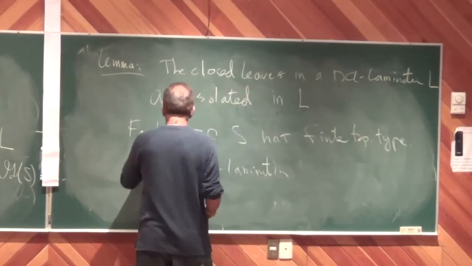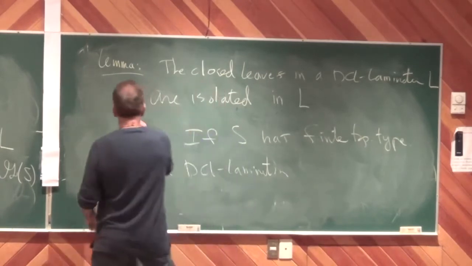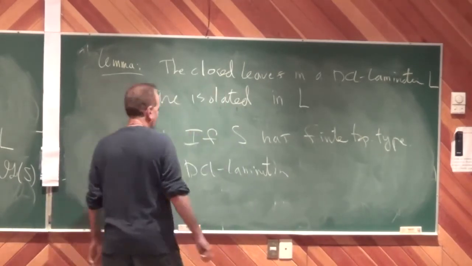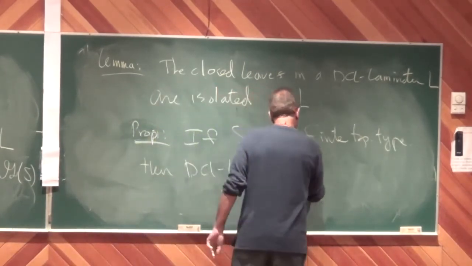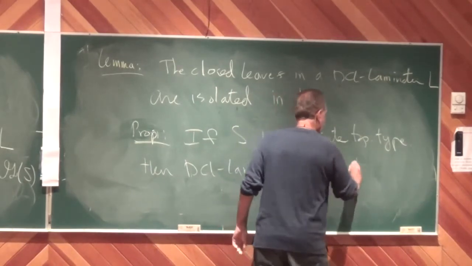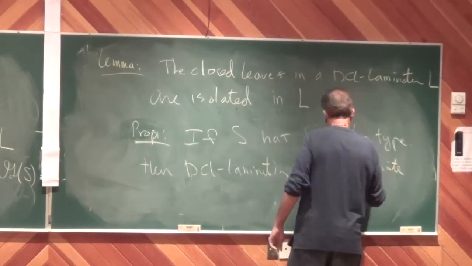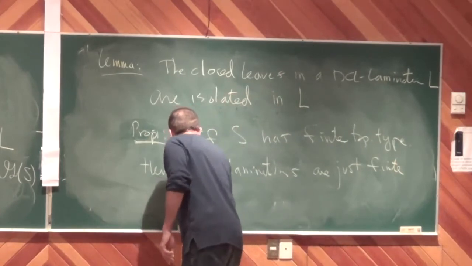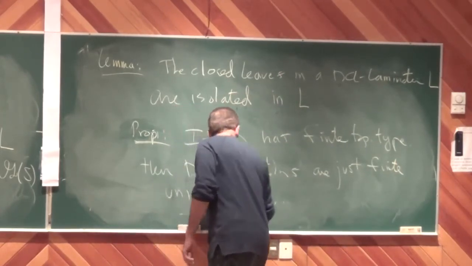Maybe you want to call this a proposition, because it uses the lemma. Then DCL laminations are just finite unions of closed geodesics.